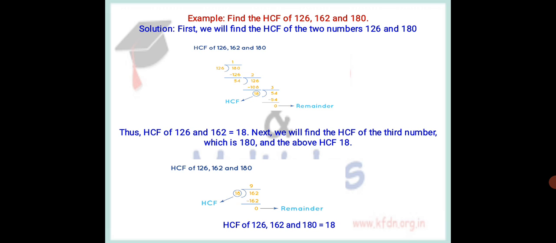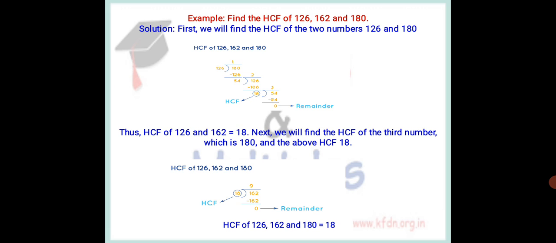Now subtract 108 from 126. We will get remainder 18. Now 18 is my new divisor and the new dividend is 54. 18 threes are 54 and remainder is 0.